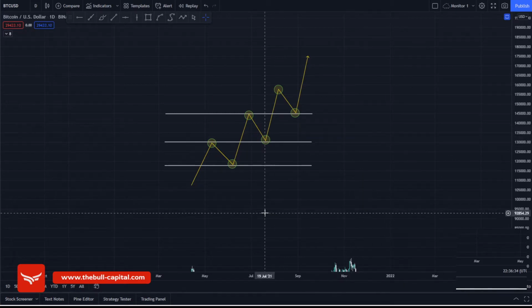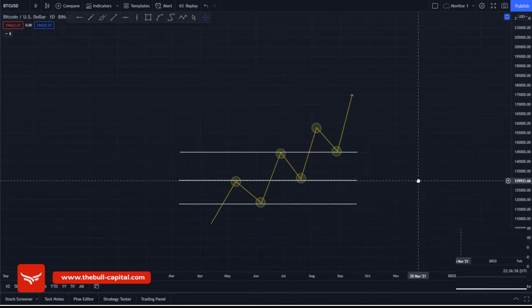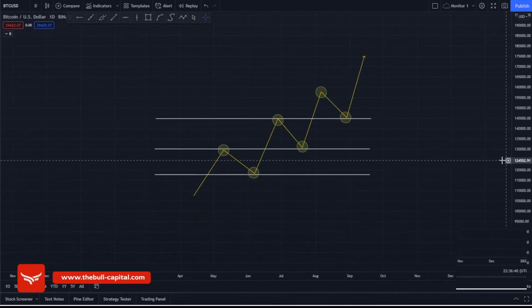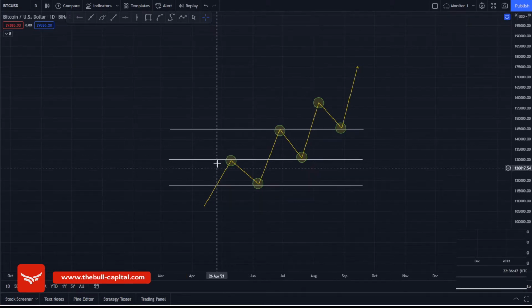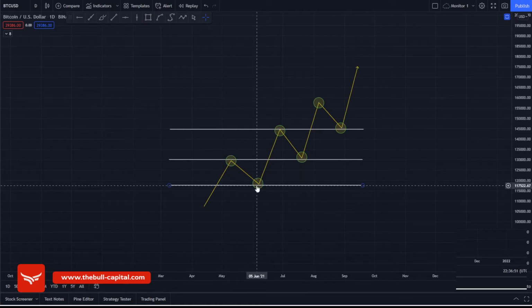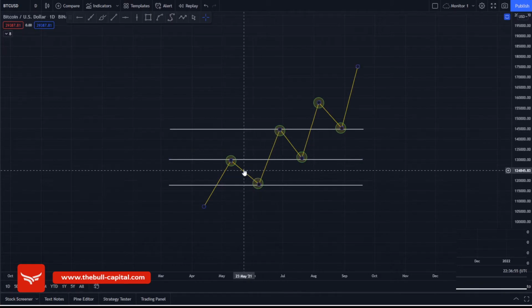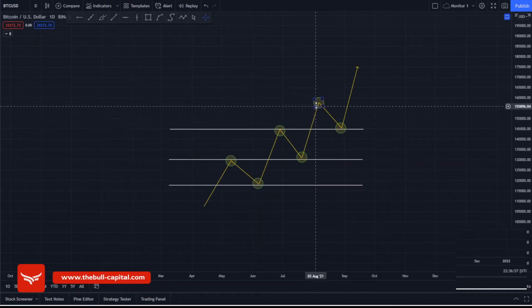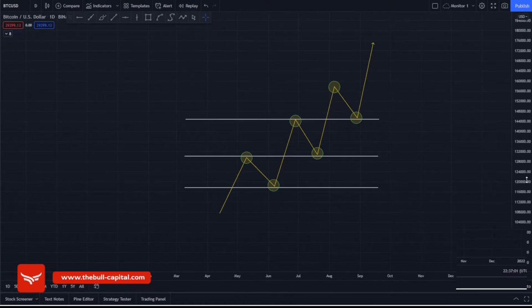So the market moves in swings. That's why we mark the peaks of the swing and the value of the swing. And the price is moving between the levels.